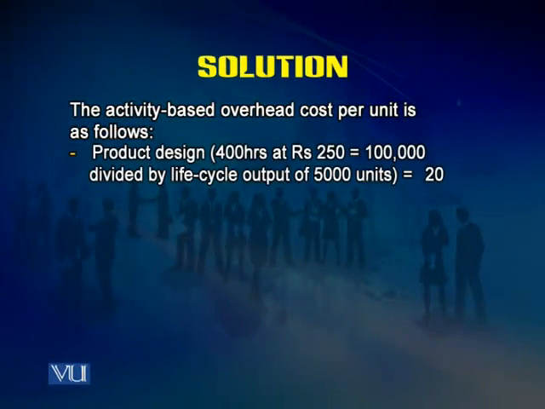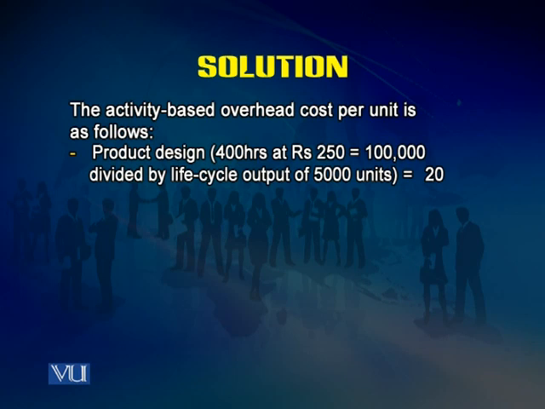Product design: NPD is going to require 400 hours, and the rate per hour for design is 250. So that is going to cost 100,000. So the design cost of NPD is 100,000. We are told that the total output over the life cycle of NPD is 5,000 units.